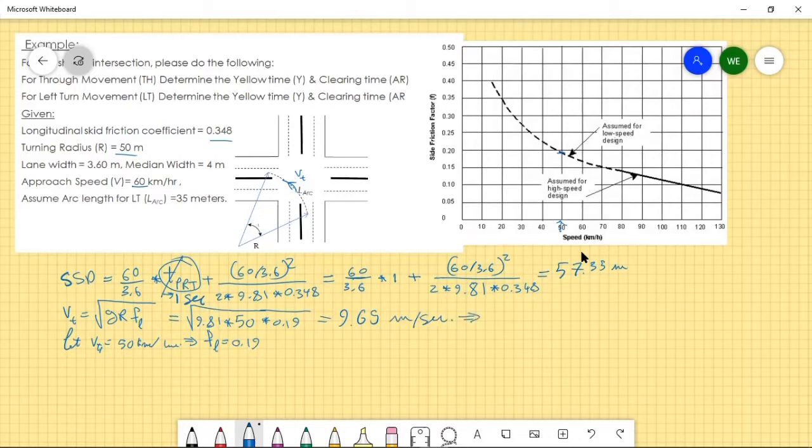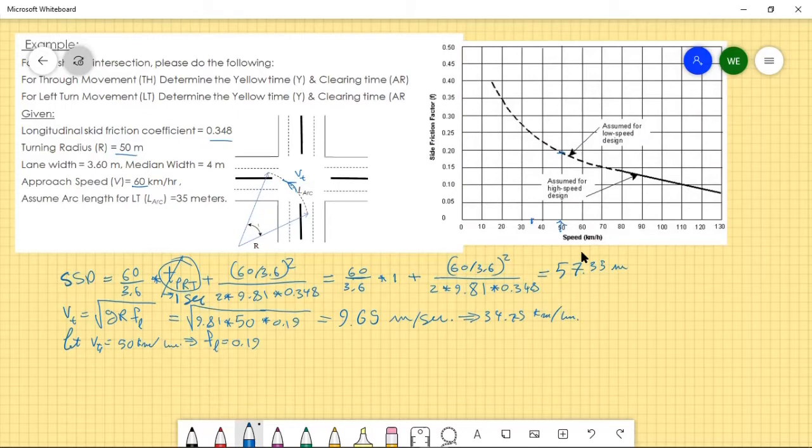So that means it's going to be multiplied by 3.6, so this is 34.75 kilometers per hour.